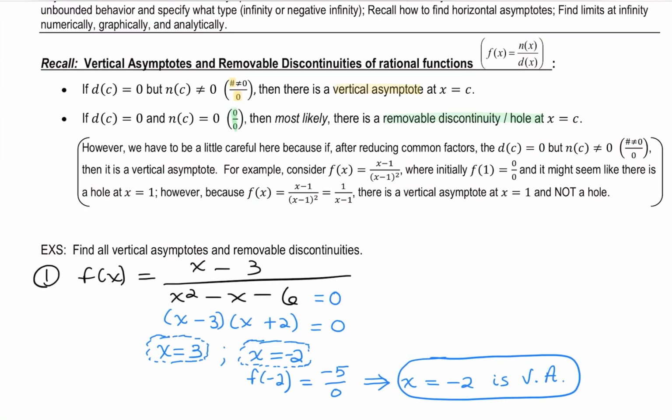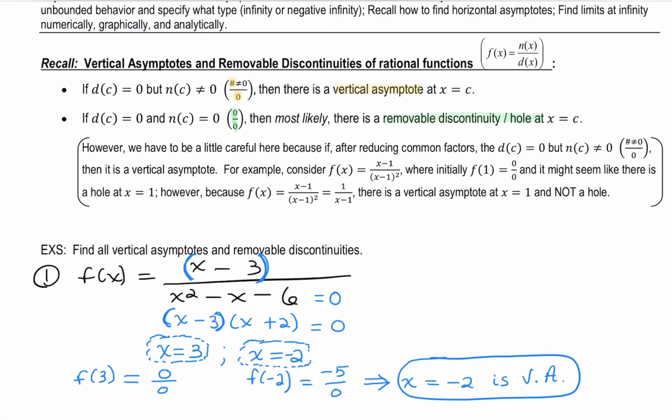All right, the other discontinuity is at x equals 3. What kind is it? Well, let's sub it back into the original function. And when we do that, we do see we have a 0 over 0. We have the x minus 3, and it's just one factor of the 0 over 0. So it's not that special case I was talking about where you could maybe have a little bit of a different thing happening there.